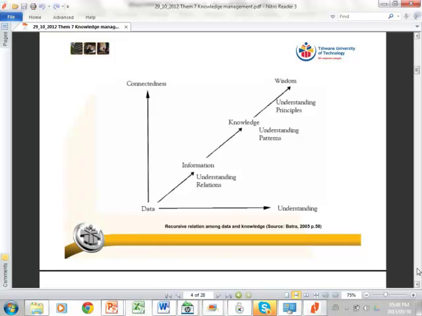And so with knowledge management, we want to get at least to the level of knowledge before the data makes sense. Okay, because we can have as much data as we want, but if we don't know how to ask the questions to get to information and to identify the patterns to get to knowledge, we are lost.